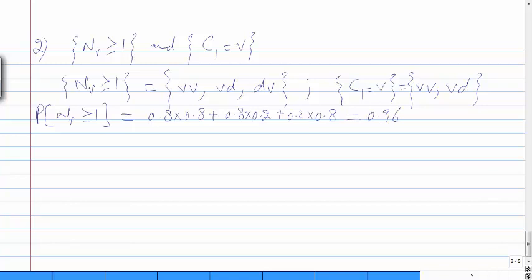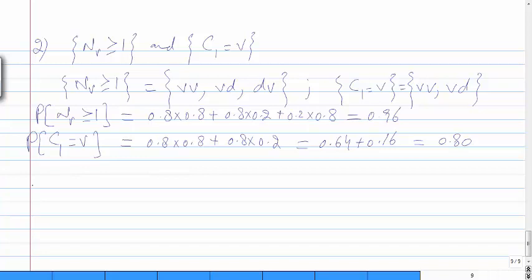Similarly, if I calculate the probability that C1 is equal to V, in that case, for the first call, it becomes 0.8 times 0.8 plus 0.8 times 0.2, which is 0.64 plus 0.16, so it becomes 0.80.